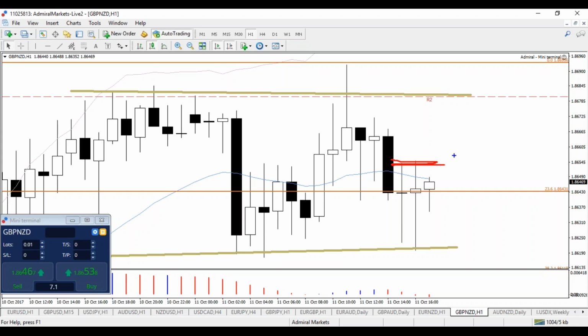You might think, okay, but that's halfway this range, and that's true. But if we use wave patterns, we could see an ABC potentially finish there.